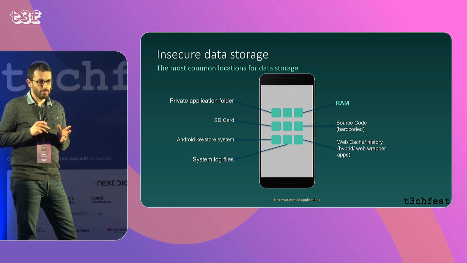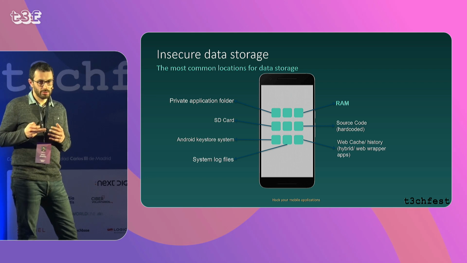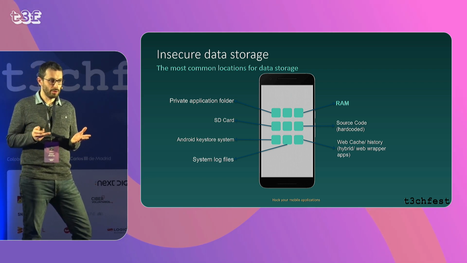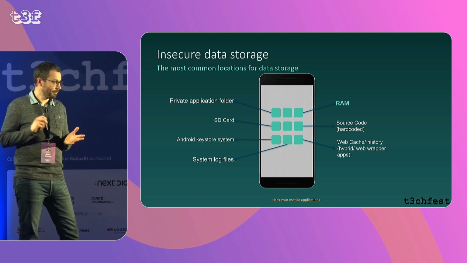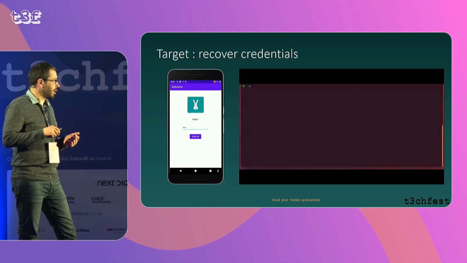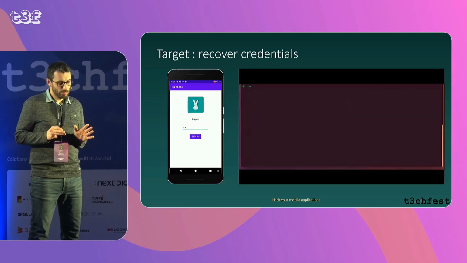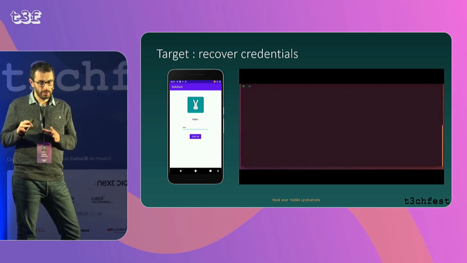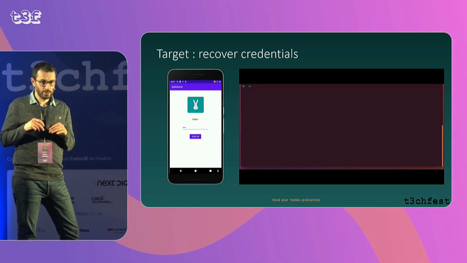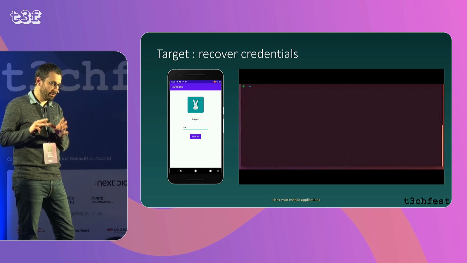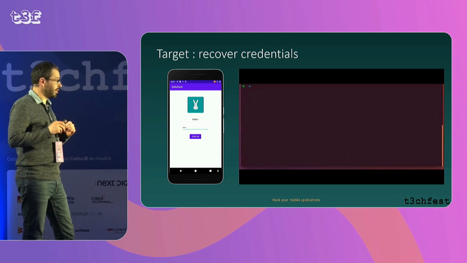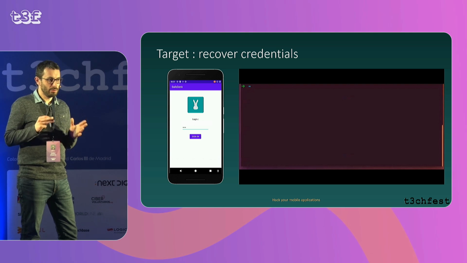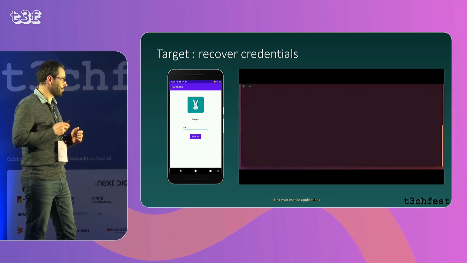We can add malicious code in it and distribute it on an alternative store. Here, you have to imagine that we are on the victim's phone this time. It's not my phone, it's the victim's one. And the application is not the original, it is a malicious application.